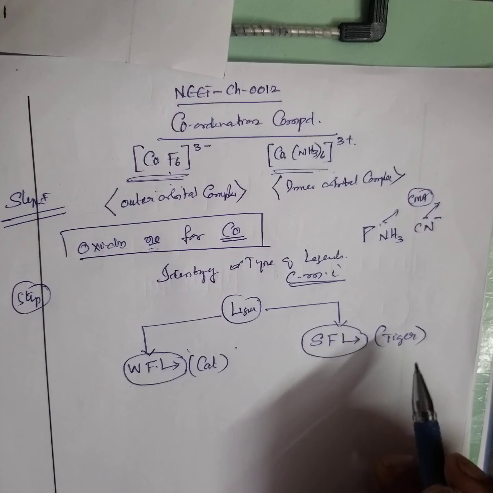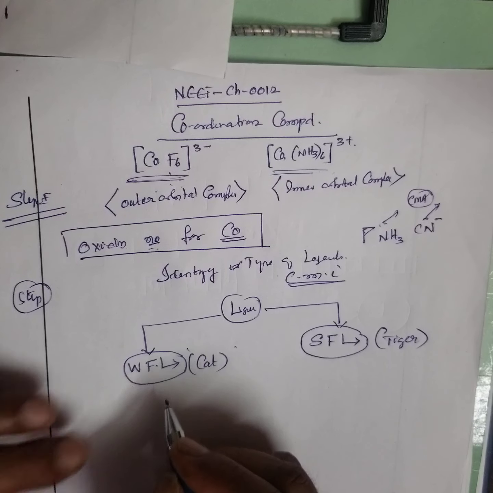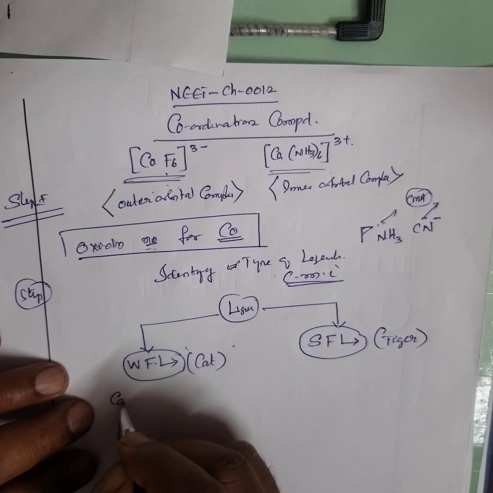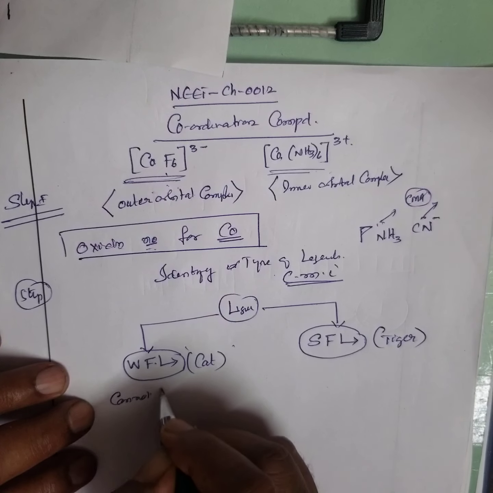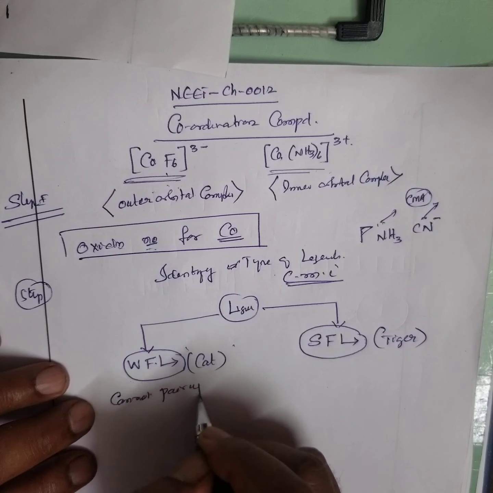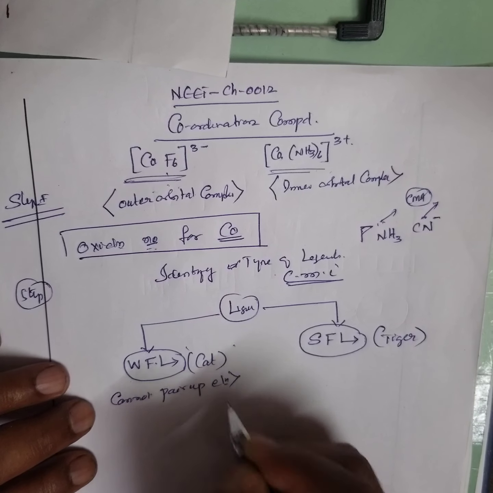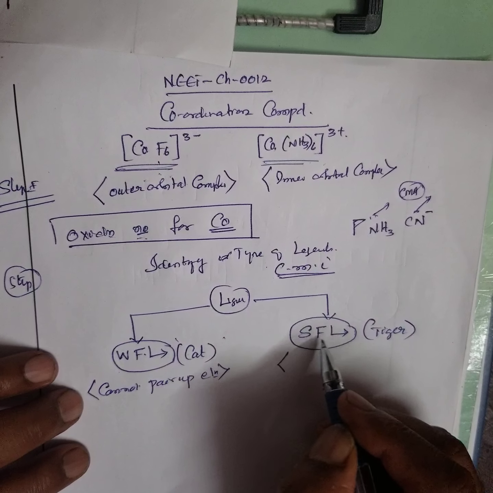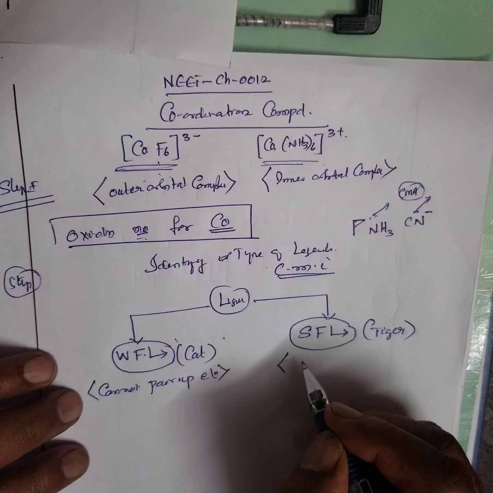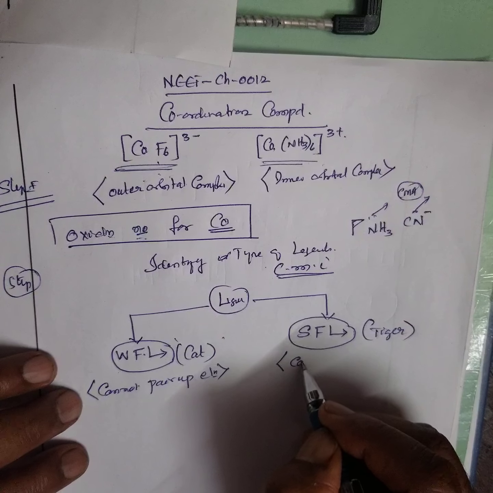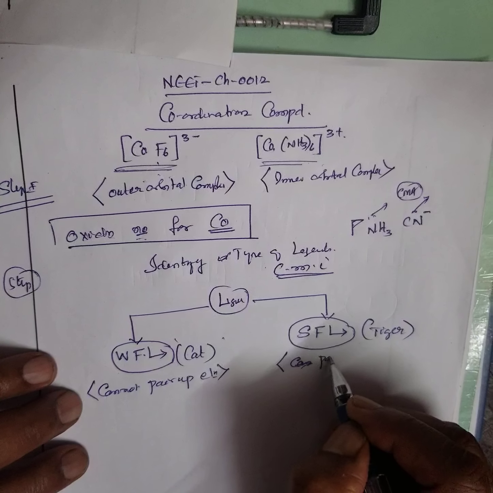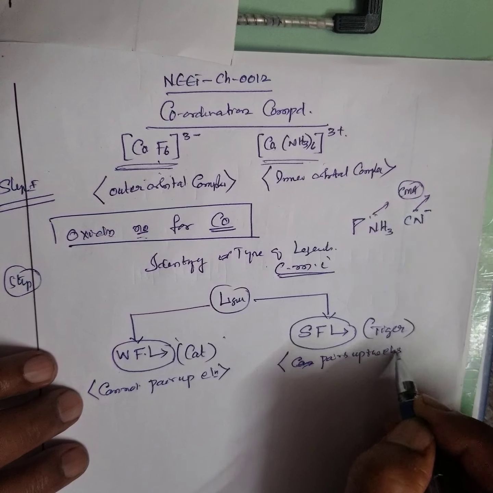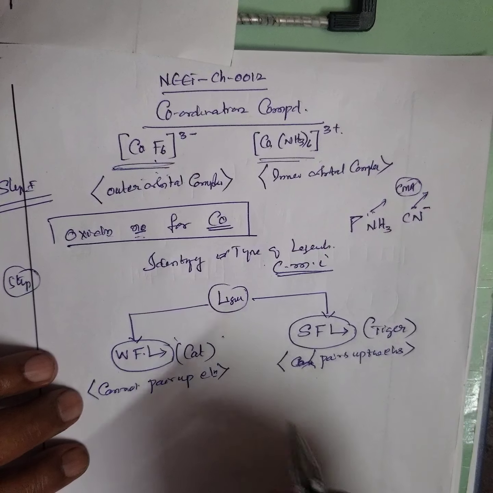Because these weak field ligands cannot pair up the electrons in the metal atom. But the strong field ligands can pair up the electrons.